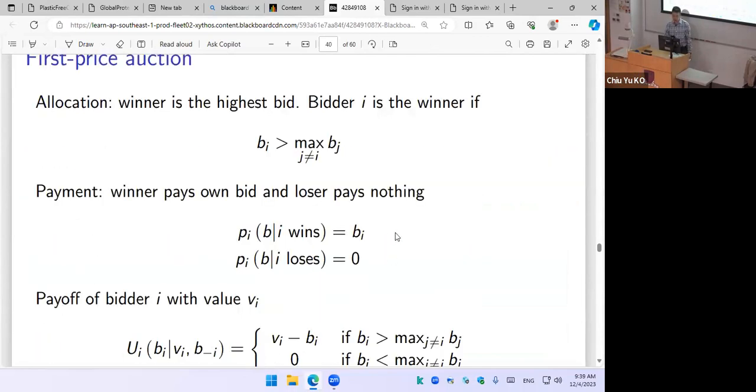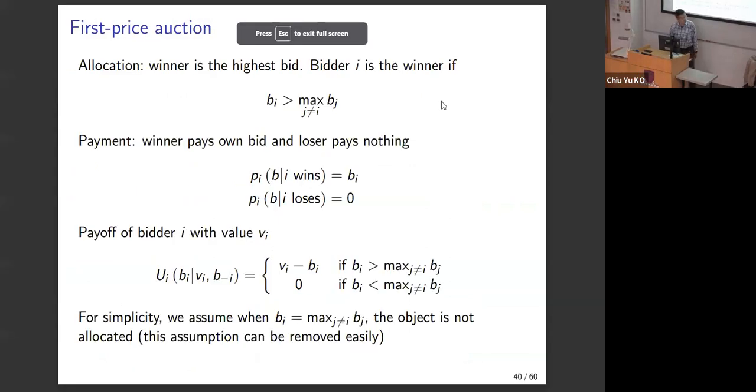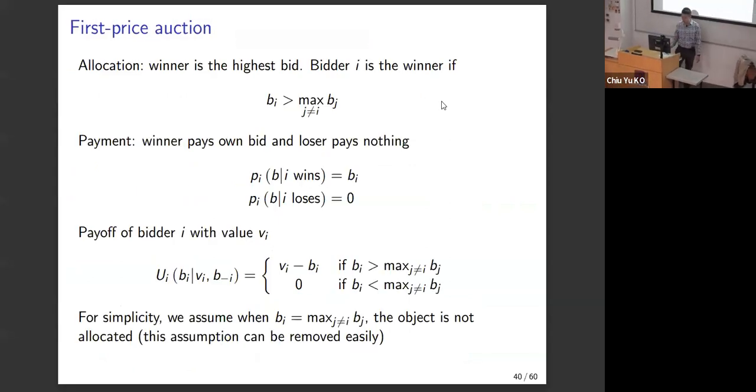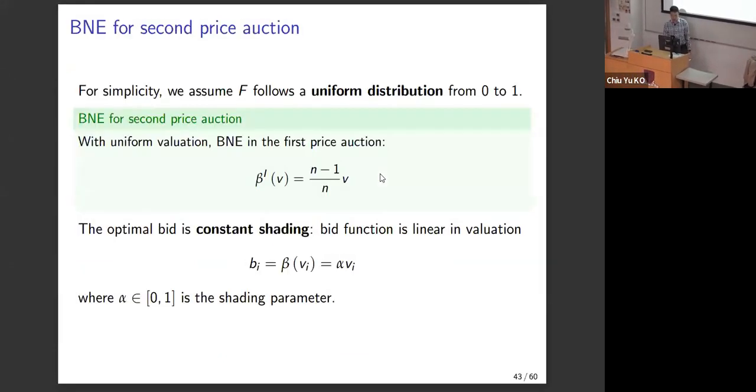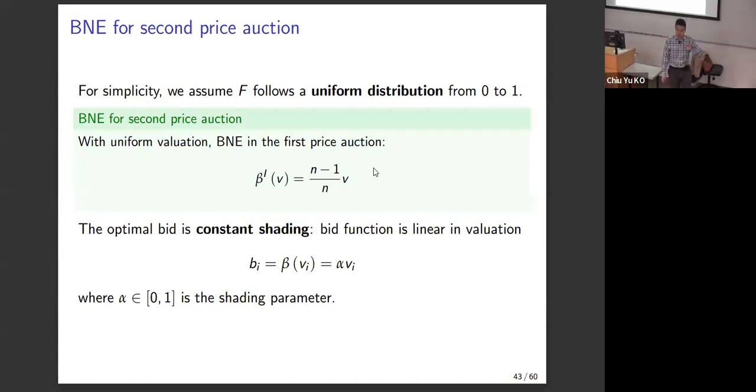And what we learned is, if we have a first price auction where everyone pays their own bid if he wins and 0 if not, then the strategy is very complicated. But if the valuations are uniform, we know that the bidding is just going to be a constant alpha times the valuation. Alpha turns out to depend on the number of people: you just bid 1/n of your valuation.